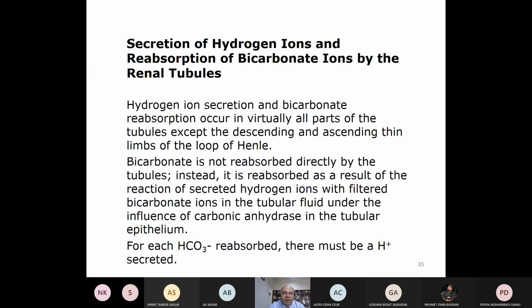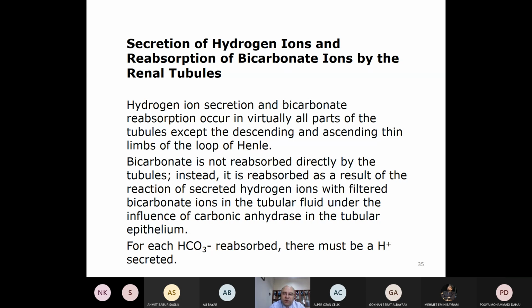First, secretion and reabsorption of bicarbonate ions by the renal tubules. Hydrogen ion secretion and bicarbonate reabsorption occur in virtually all parts of the tubules except descending and ascending limbs of the loop of Henle. Bicarbonate is not reabsorbed directly by the tubules. Instead, it is reabsorbed as a result of reaction of secreted hydrogen ions with filtered bicarbonate ions in the tubular fluid under the influence of carbonic anhydrase in the tubular epithelium.